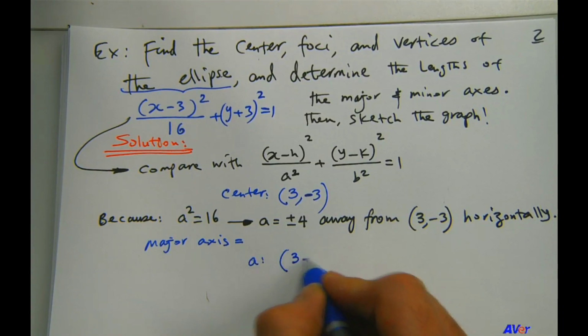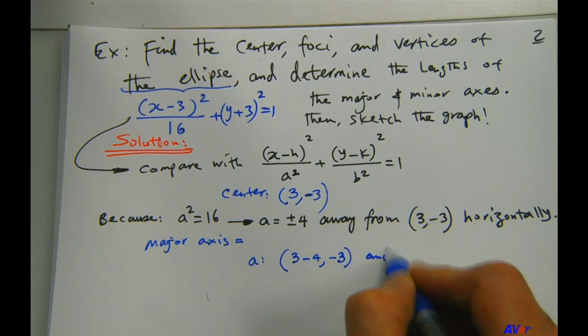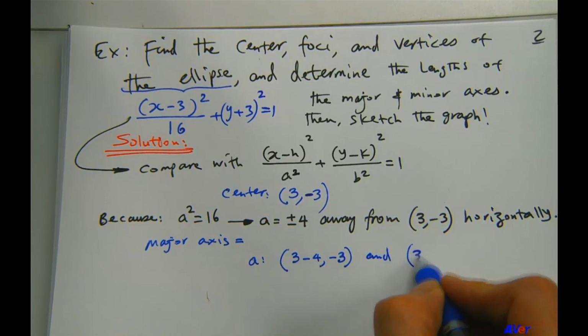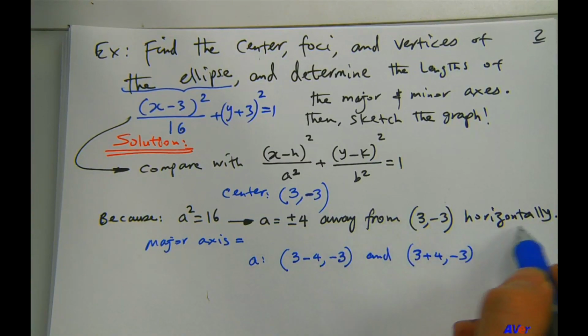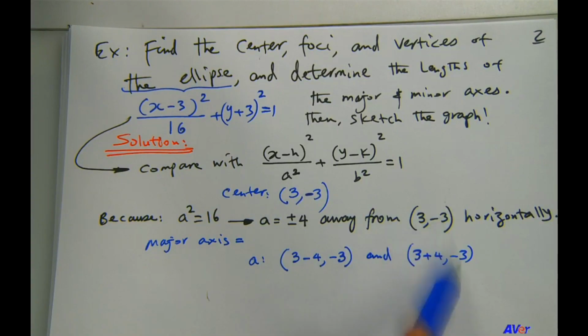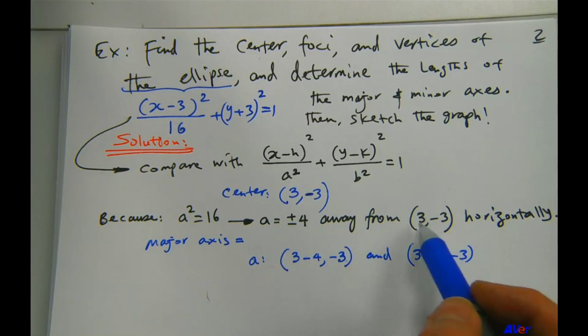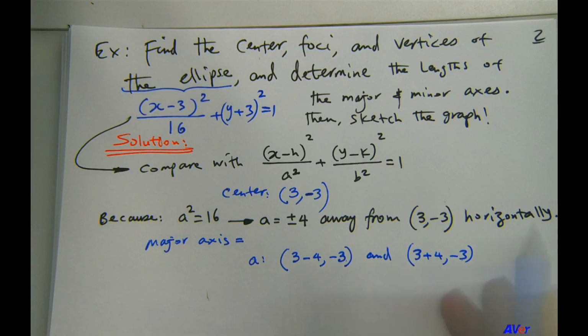So we'll have (3 minus 4, negative 3) and (3 plus 4, negative 3). That's what it means when we say horizontally. So this shift is not along the vertical axis. So minus 3 stays. The y component stays what it was. We're shifting the vertices away from this along the horizontal, so it's changing the 3, not the negative 3.